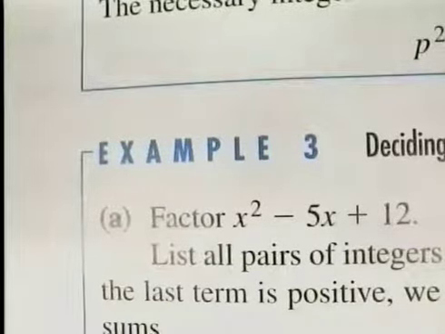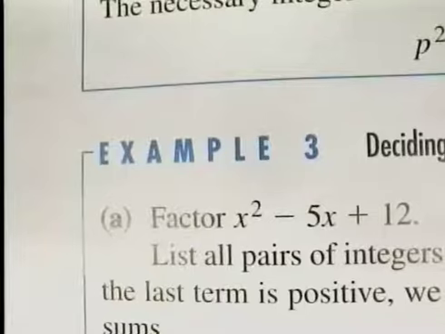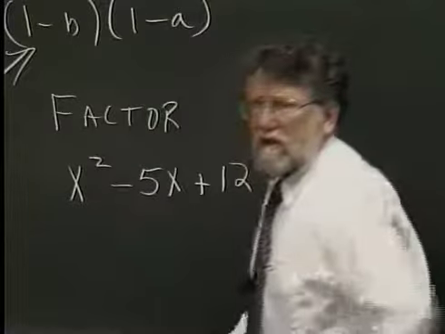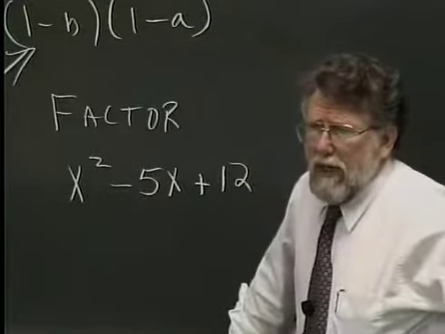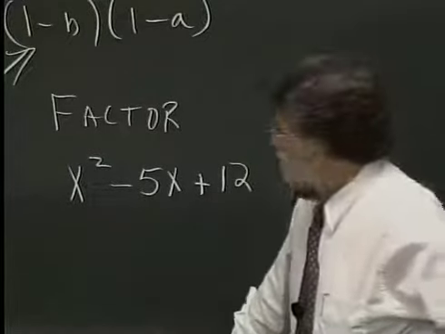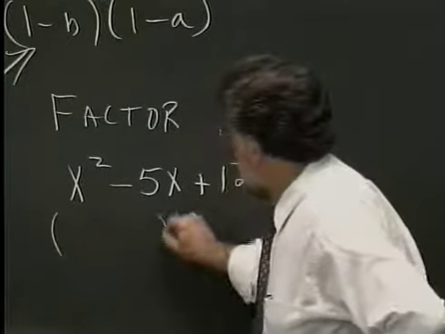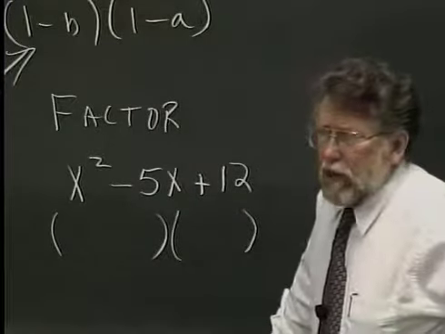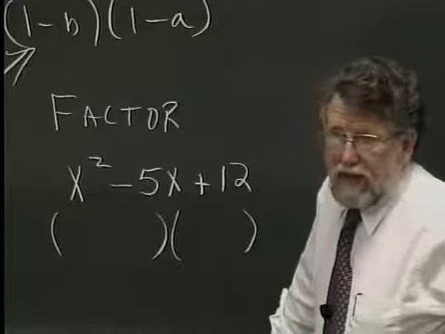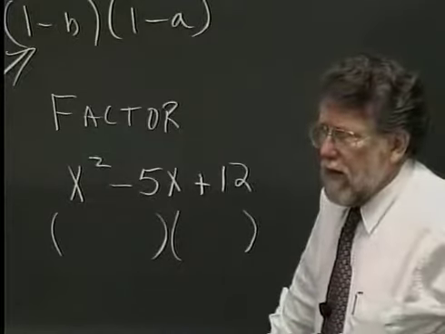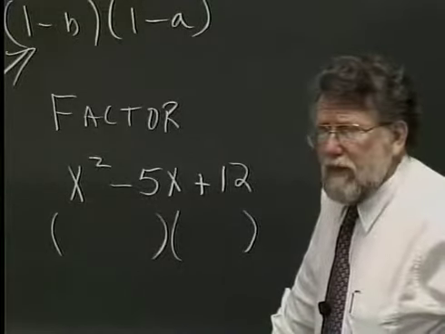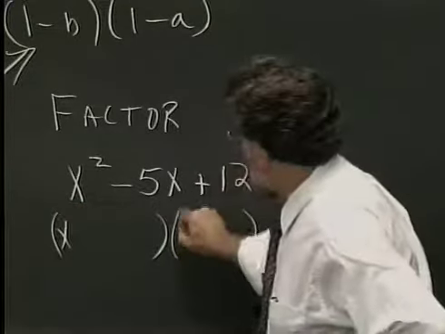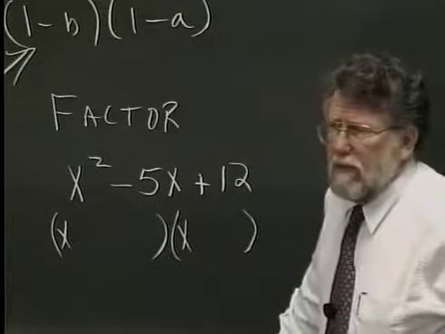And I have x squared minus 5x plus 12. Now, what's involved here is to understand you are going to have 2 binomials. So you can always set a template. And as long as the first term of the trinomial is a something squared, x squared, a squared, b squared, y squared, doesn't matter, you know that you're going to have just the single letter in each.